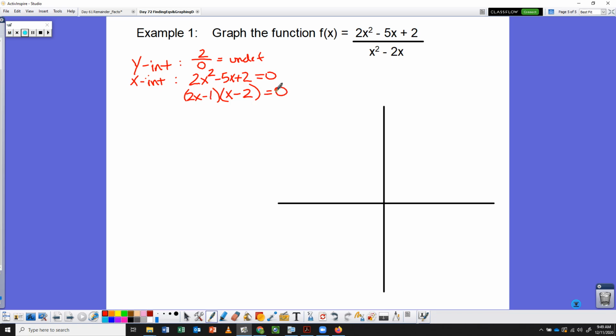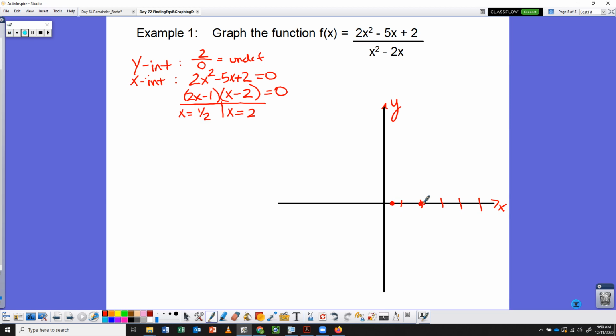If you don't believe me on this, go ahead and multiply that back together, and you will realize that those two factors do in fact produce a middle coefficient of negative 5. So if these are my two factors, that means one of my answers is 1/2 and the other answer is 2. So as I start to draw this, I already know that one place I'll be hitting the x-axis is here at 1/2, and the other place is here at positive 2.